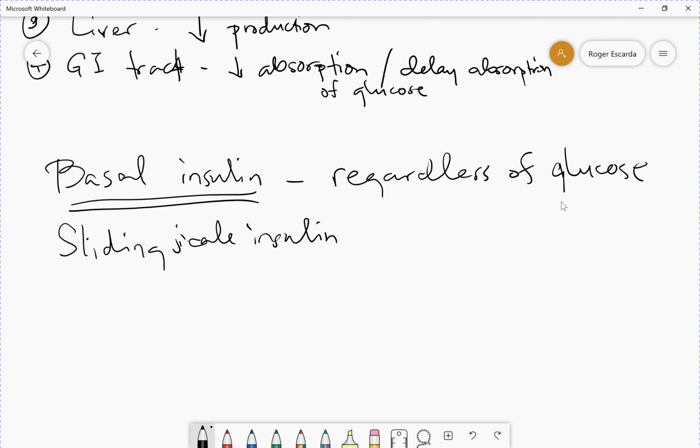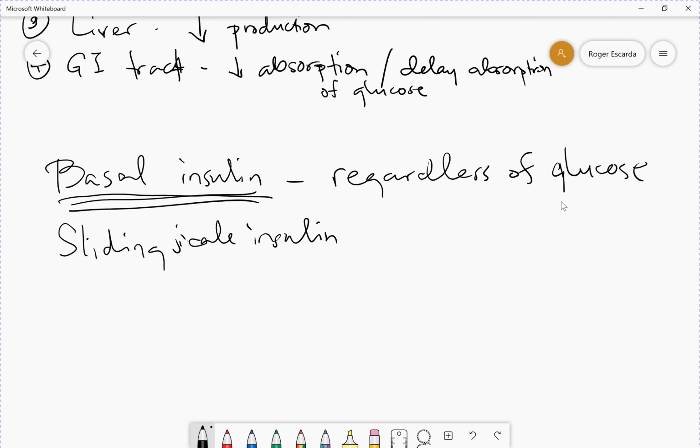We don't even need to check. Well, we still check sugar in the hospital, but patients getting basal insulin have really bad insulin resistance, so they are given a certain amount of rapid-acting or short-acting insulin regardless of their blood glucose.